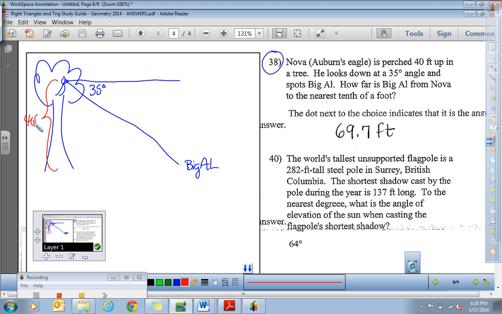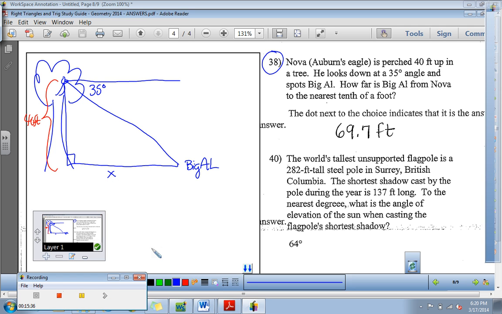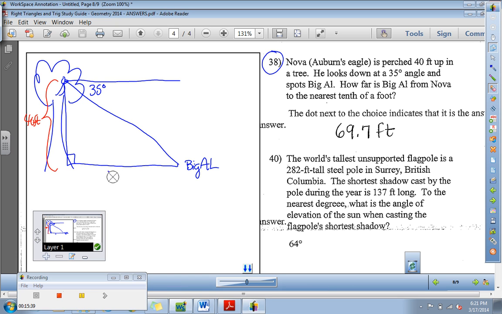This is 40 feet. The question asks how far is he, so we're going to measure this distance, the hypotenuse. If this is 35 degrees, this is 35 degrees. The Big Owl's angle of elevation is 35 degrees, and Nova's angle of depression will be 35 degrees.